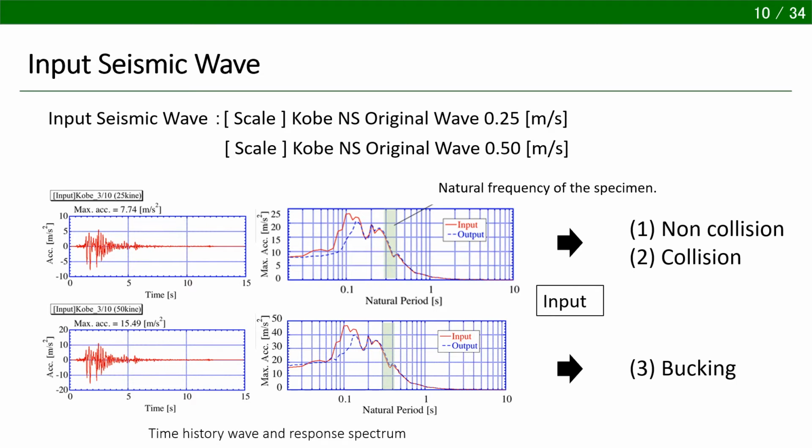In this paper, scales of the original JMA-NS wave, 0.25 meter per second and 0.5 meter per second, are used.